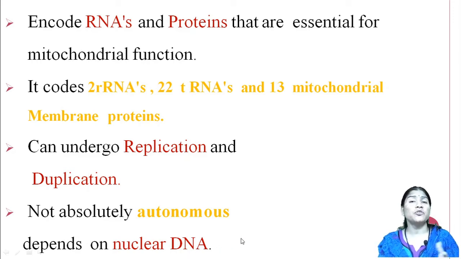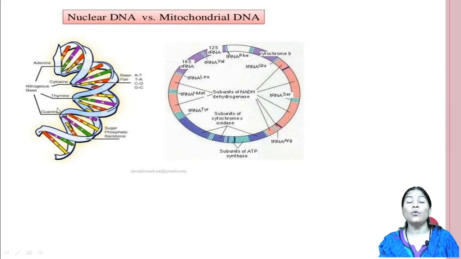So, in this diagram, there is a difference between the nuclear DNA and the mitochondrial DNA. Nuclear DNA is also a double-stranded structure, but it is twisted, elongated, thread-like. But here, mitochondrial DNA is double-stranded, but circular in nature.